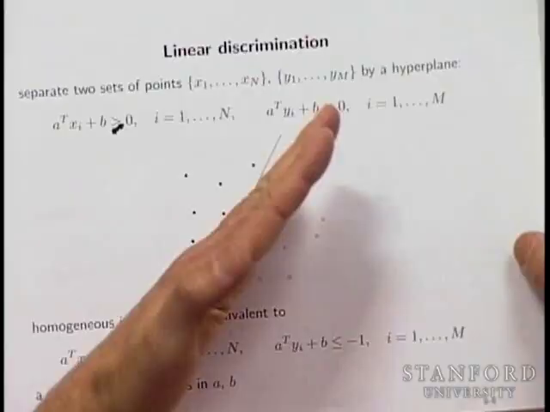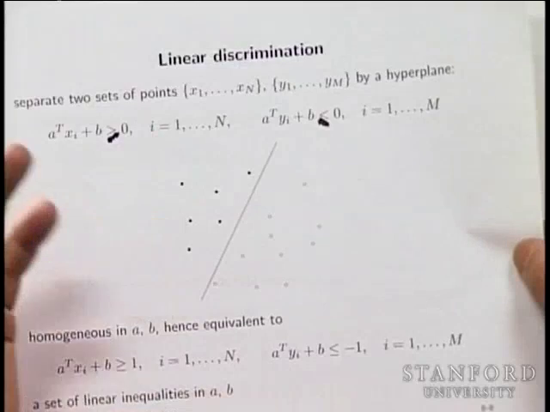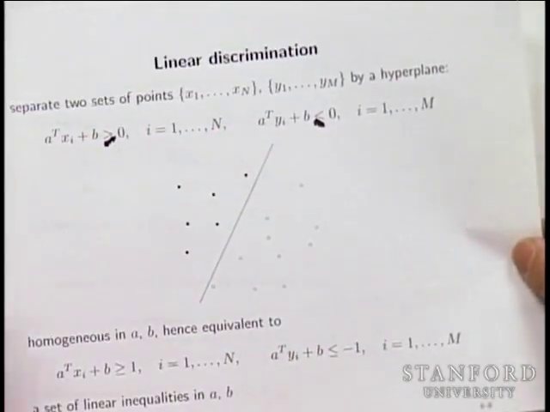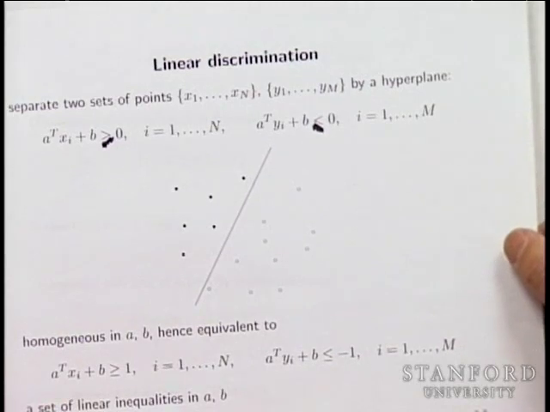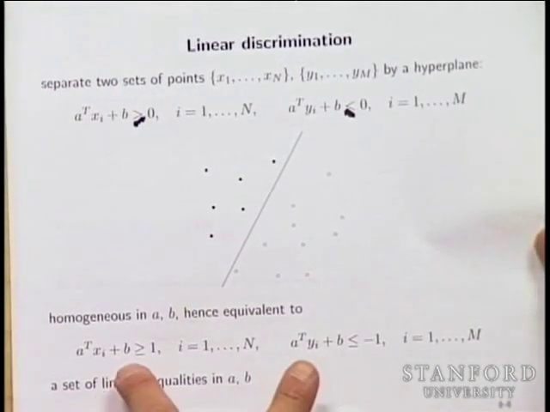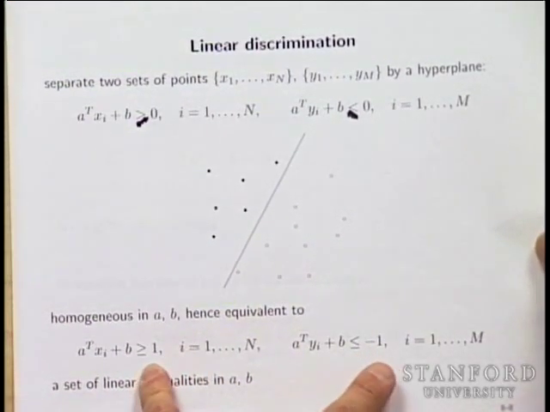Now, of course, the set of separating hyperplanes, that is to say the set of A, B that separate two sets of data, provided they separate, is a convex cone. In fact, it's an open polyhedral cone. Or if you like, down here in this parameterization, it's a closed cone, but this enforces a separation.